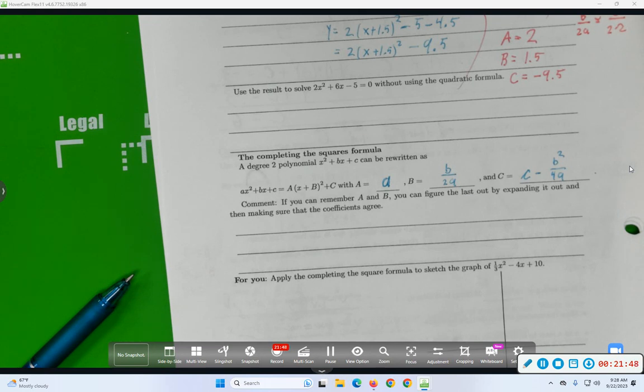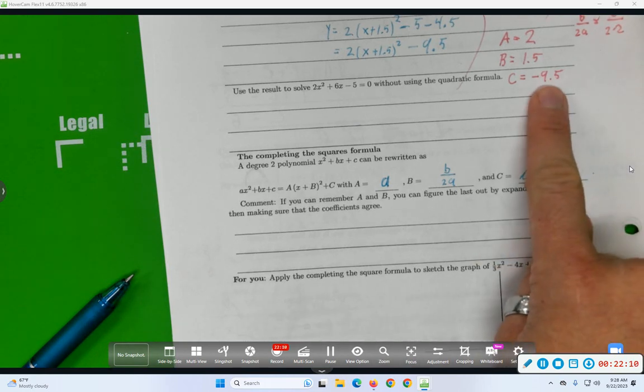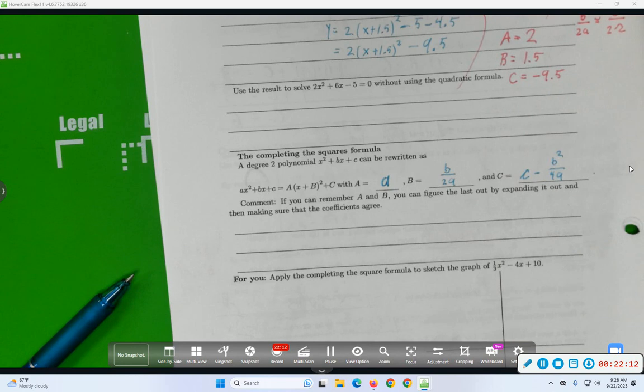Yeah, I think so. 6 is even, it's 2 times 3, so some 2's cancel. Yeah, that's 3 over 2. And maybe that even suggests why it's b over 2a. In the process of finding that 1.5, we divided by 2 and then had to divide by 2 again because of the a. Maybe look back at the work, see if that works out. Last time it looks more complicated, but it does work out that way.